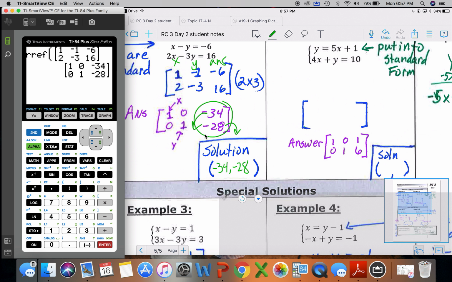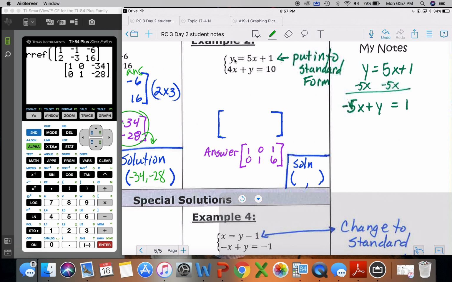So let's practice on example 2. The first step is to put your equations into standard form, and this is not in standard form. So over here, we've moved -5x to the other side, so we have -5x plus y equals 1. So I'm going to use that equation.